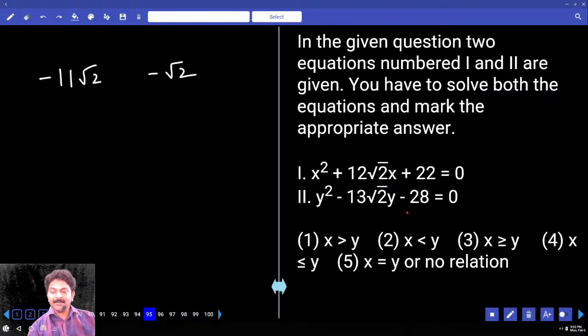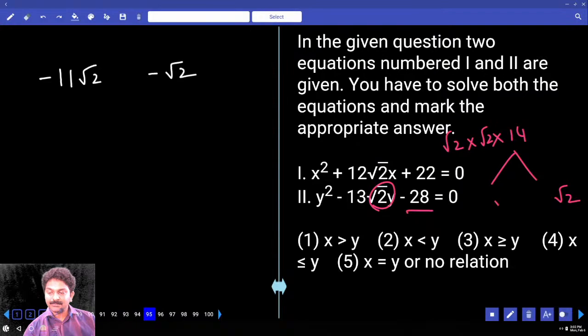Next, product is 28. Still you have a root 2 value. So I will write 28 as 2 into 14. 2 I am writing as root 2 into root 2. Our combination will have root 2. Product must be minus 14, sum must be minus 13.